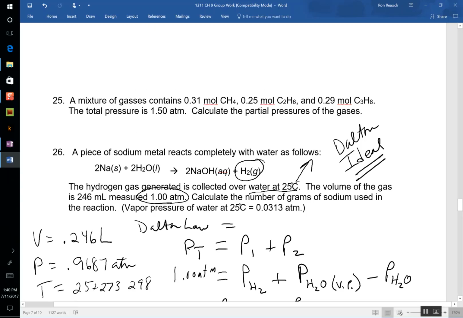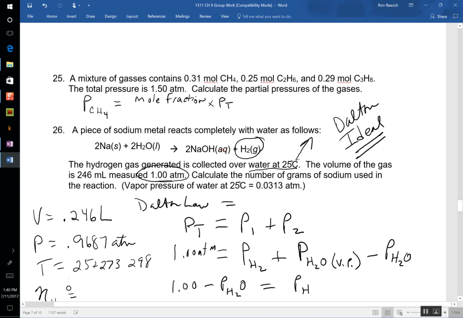But what you'll find on Dalton's law of partial pressures is that the pressure of methane is going to be equal to the mole fraction of methane times the total pressure.